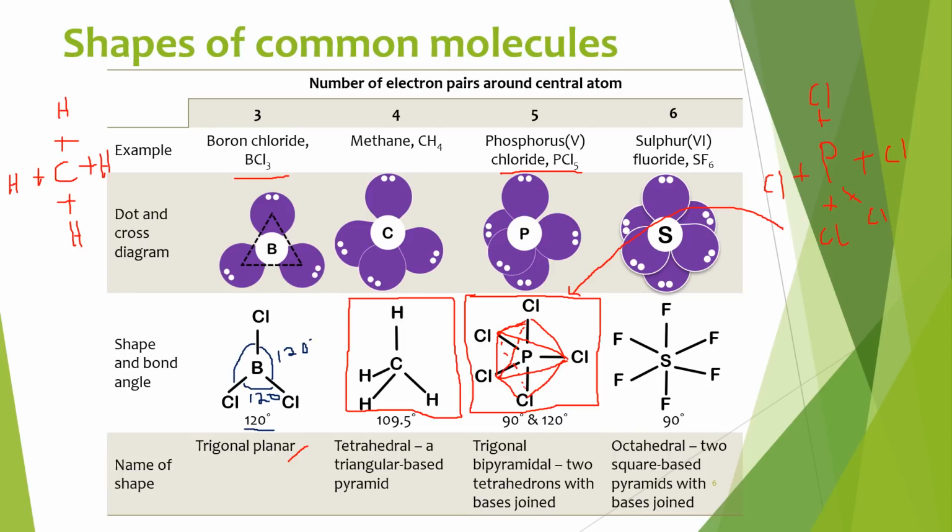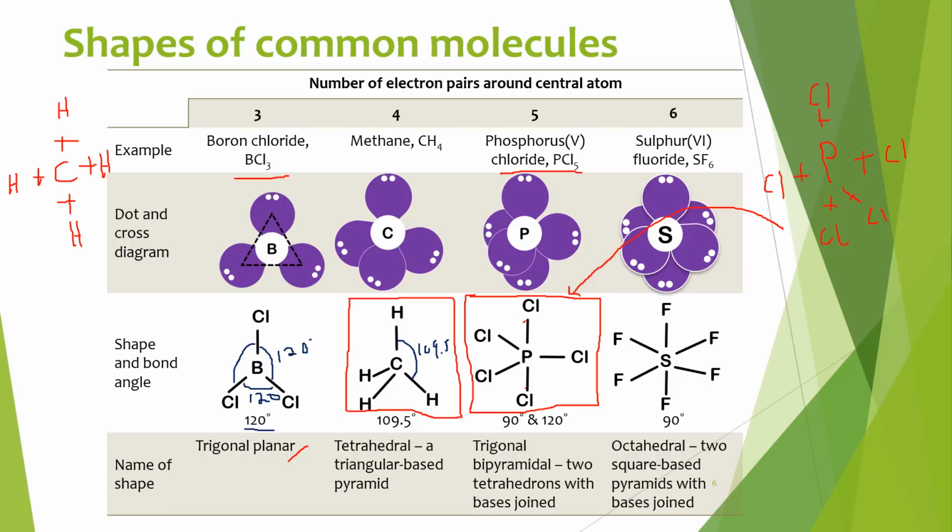And for tetrahedral, you will have a 109.5 degree angle between the side atoms, 109.5. And for the trigonal bipyramidal, you will have two bond angles. The first one is 90 degrees.